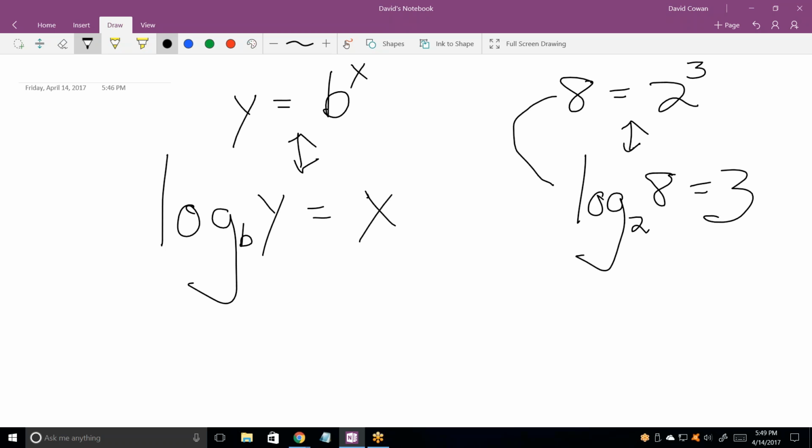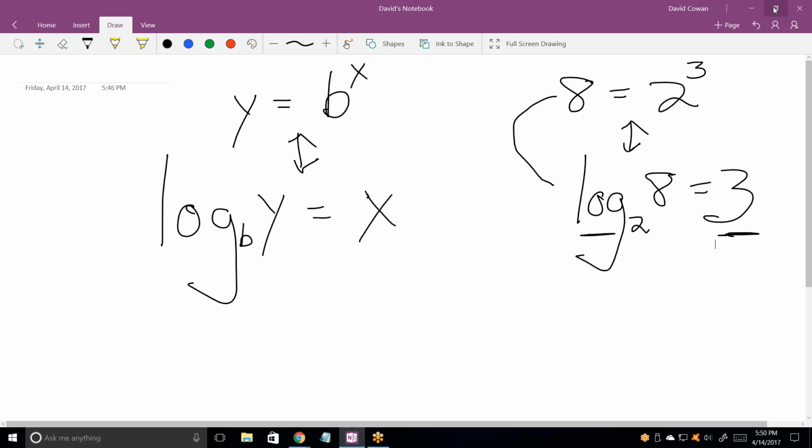Notice that on the right, my log is equal to 3. Logs are exponents. If you never forget that, then you will not have any problem converting exponential expressions to log expressions. That's where we start logs.